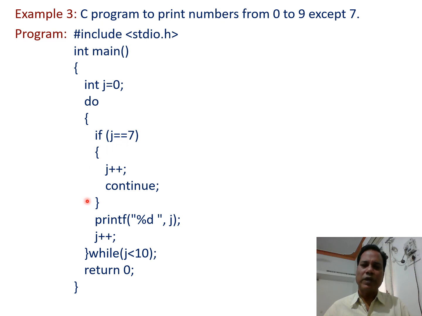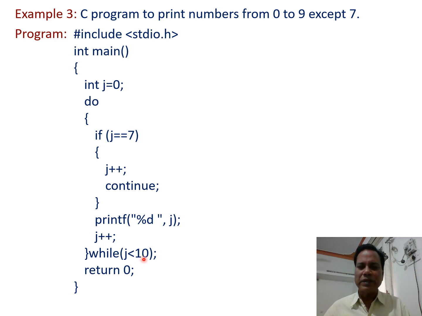So control skips the if statement, and the next statement is the printf statement that prints the value of j at the place of the format specifier %d, and then the value of j is incremented.